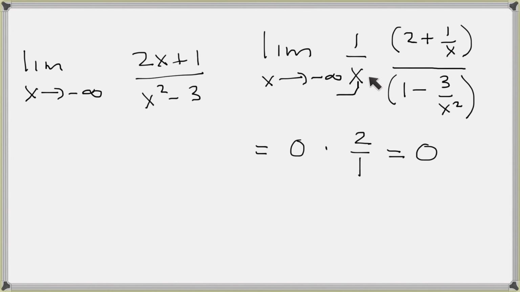And remember, those power functions, 1 over x to some number power, as x goes to either infinity or minus infinity, go to 0. So that one would still go to 0, that would go to 0, that would go to 0. So essentially it's exactly the same work, no difference right there. And I get the limit as x goes to negative infinity of (2x + 1)/(x² − 3) is equal to 0.